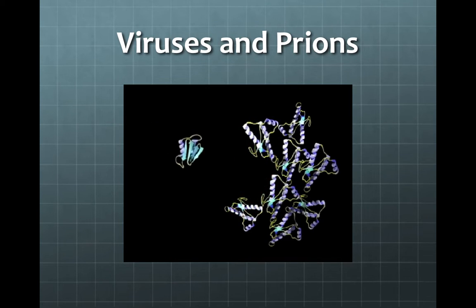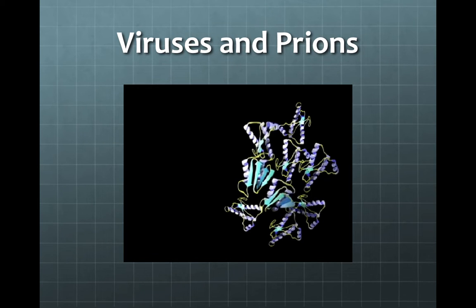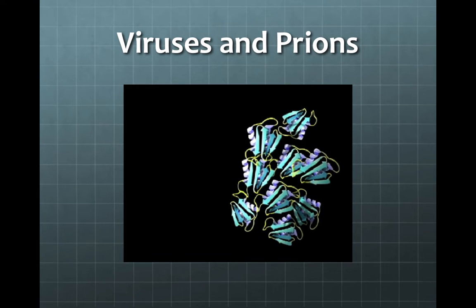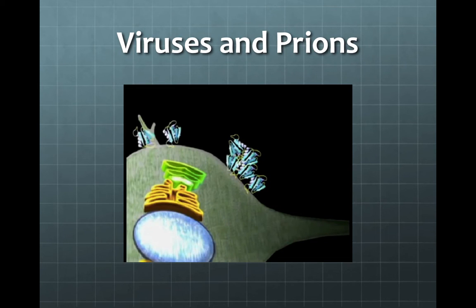An abnormal prion molecule can induce other normal prion proteins to adopt the pathologic configuration, thus leading to a geometric increase in the number of abnormally folded prions. These molecules aggregate together. They're resistant to proteolytic digestion, so they can accumulate within lysosomes or on the surfaces of the cells.